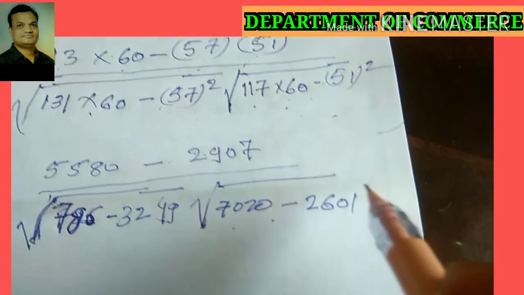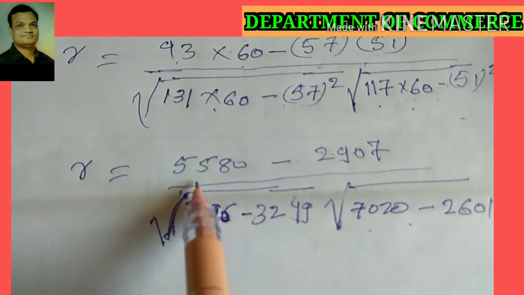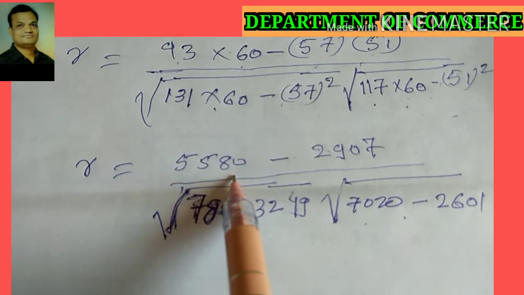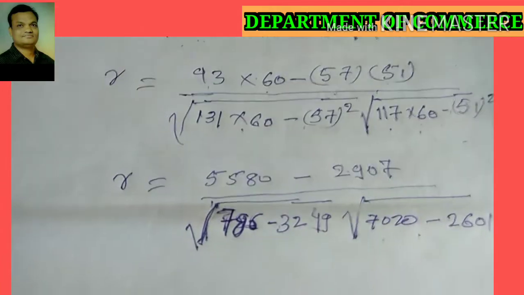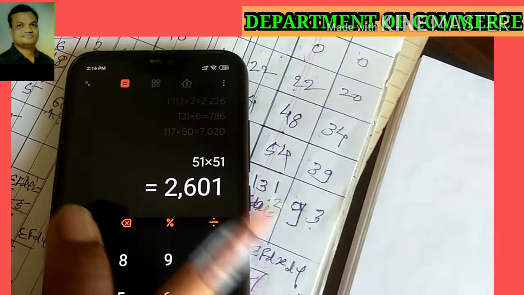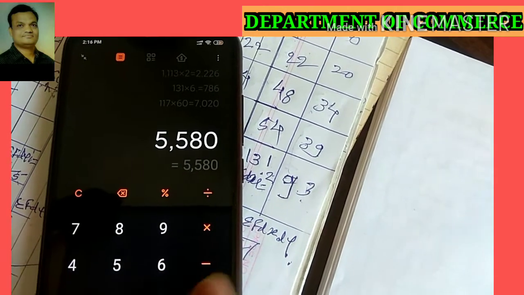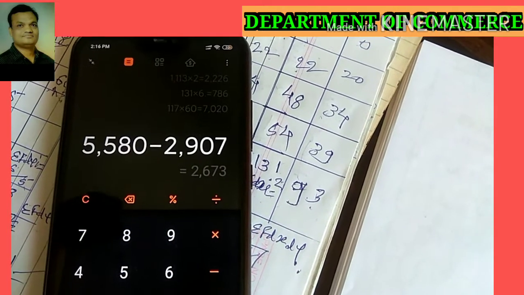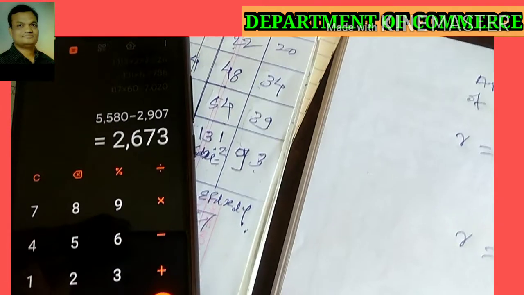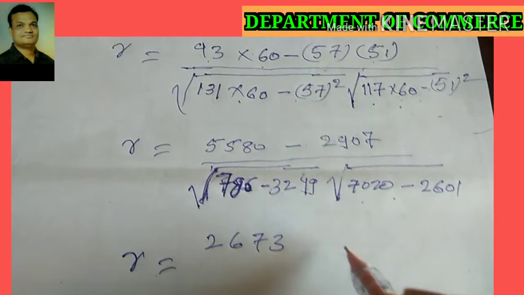Okay, R equal to, now 5,580 minus 2,907 is 2,673.